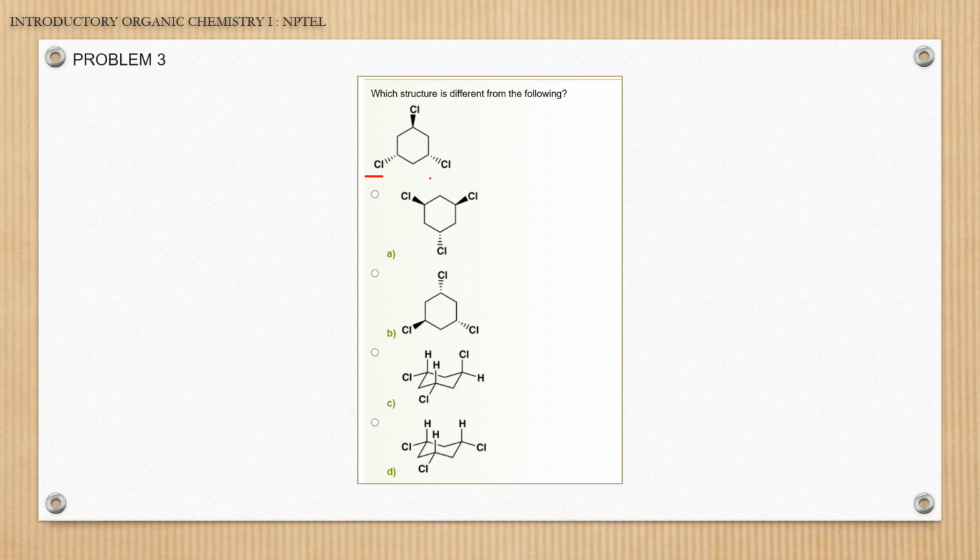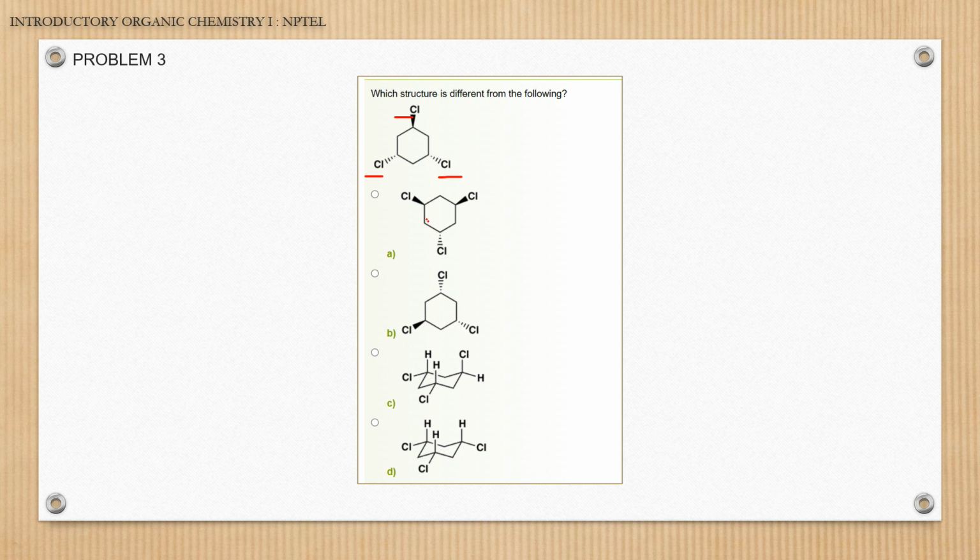A. No. Here, what you have to look at is, just forget about the stereochemistry and tell me that one chlorine is present above the plane and two chlorines are present below the plane. Okay.